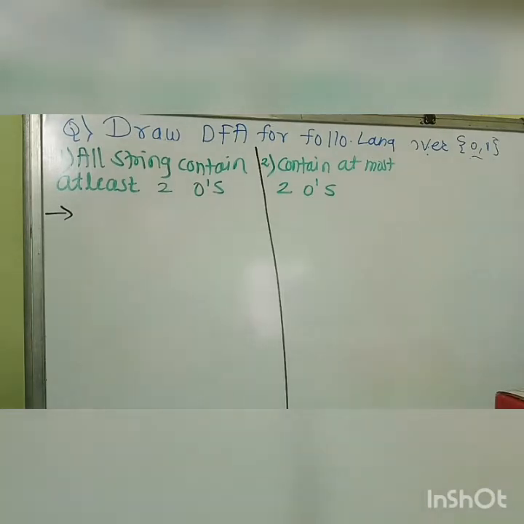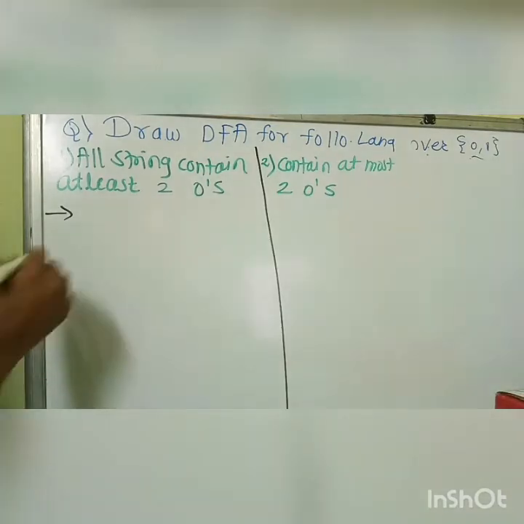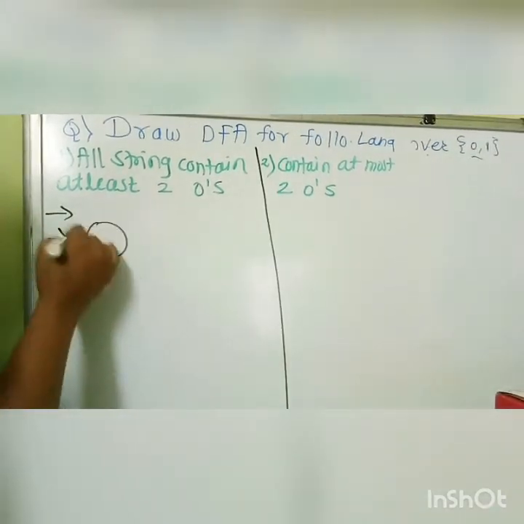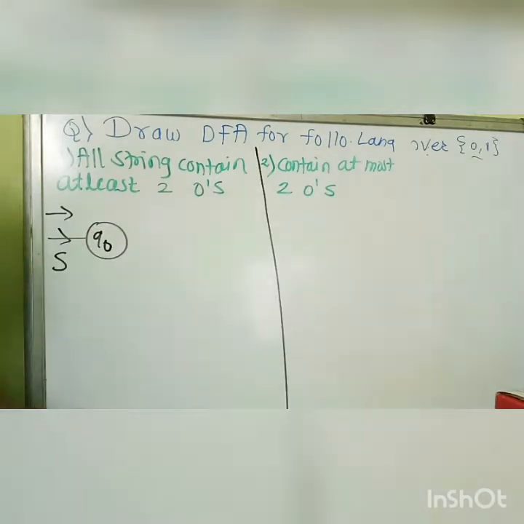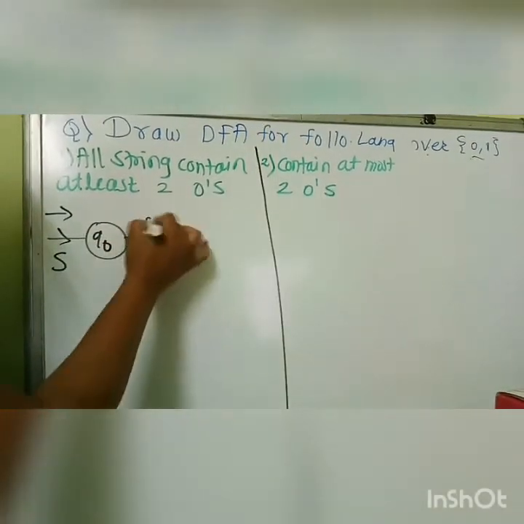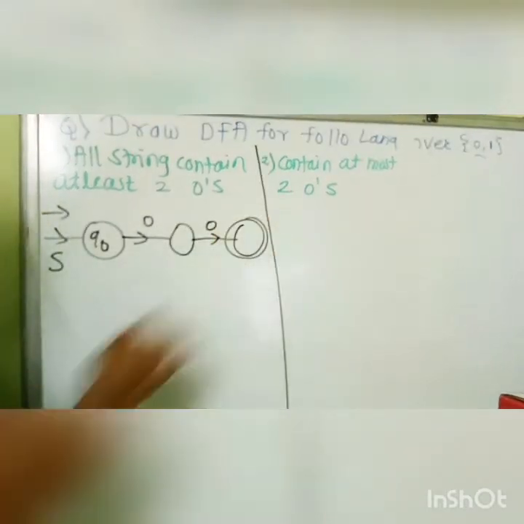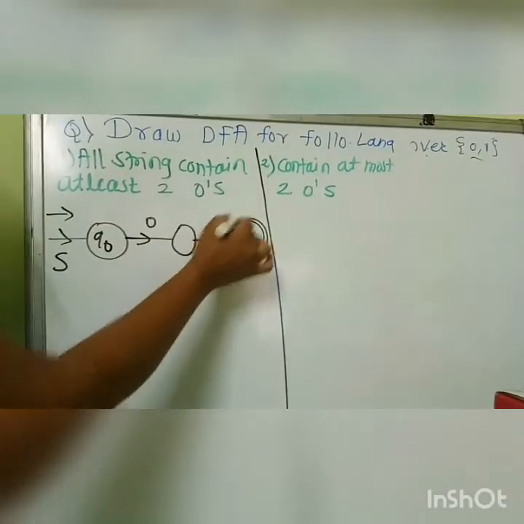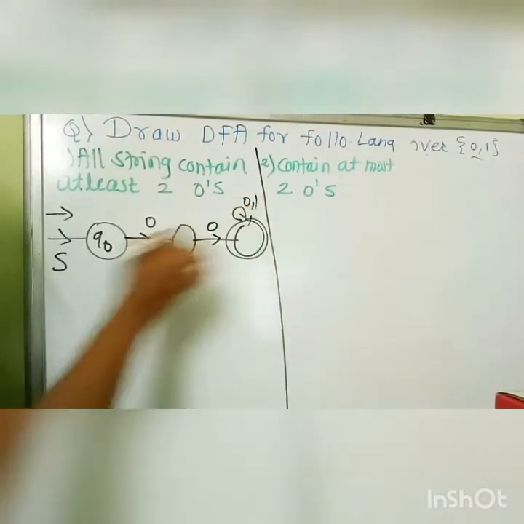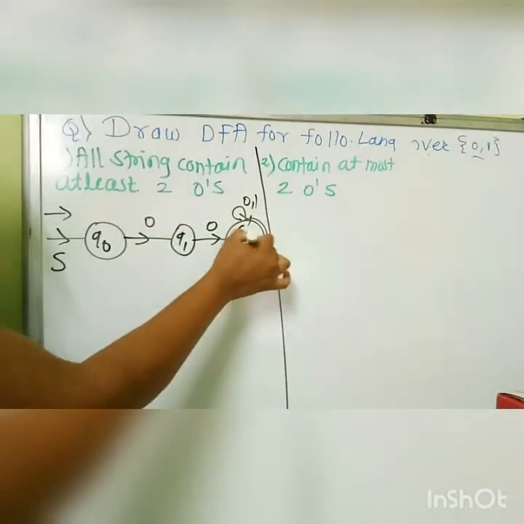You have to design this DFA for all those strings having at least, meaning minimum, two zeros, and the maximum can be many. So like our usual mechanism, start with state Q0. Design it to accept two zeros, at least two zeros. It can be many 0 and 1 there.